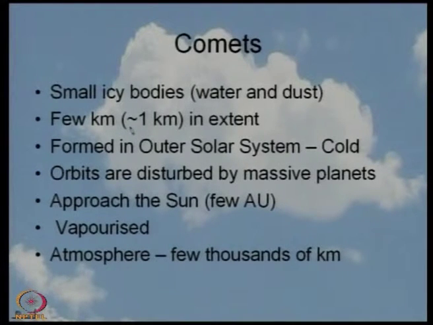These objects are believed to have been formed in the outer solar system, where it is cold, because you want to form frozen water, ice and other volatile substances which are in a frozen state. So, you have to form them in the outer parts of the solar system.